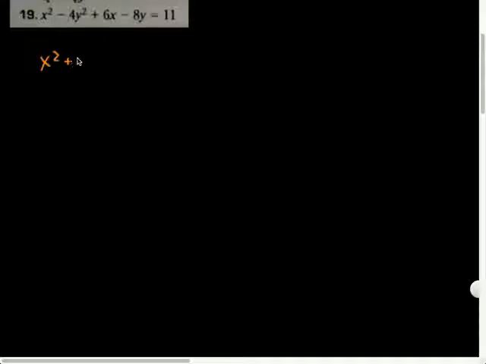So I'm going to group my x's, x squared plus 6x, and minus 4y squared minus 8y equals 11. For the x, I've got nothing to factor out because the coefficient was 1. I don't even need the parentheses technically, but I'm going to write them just to get myself in the mindset.